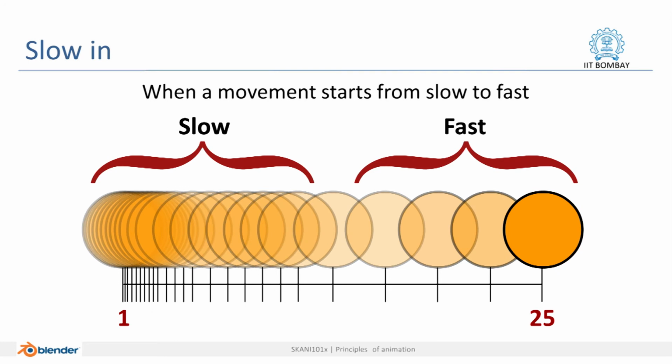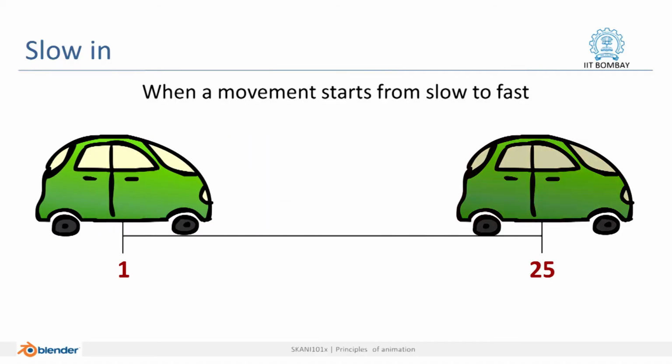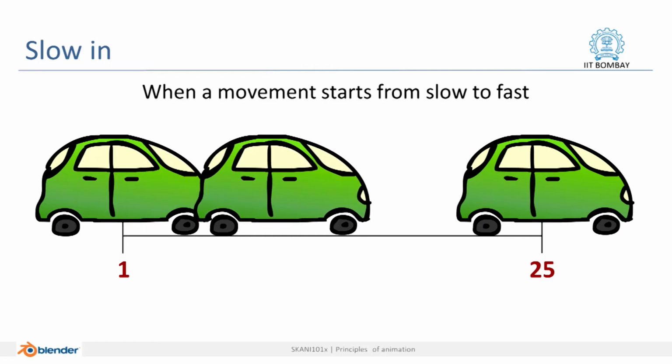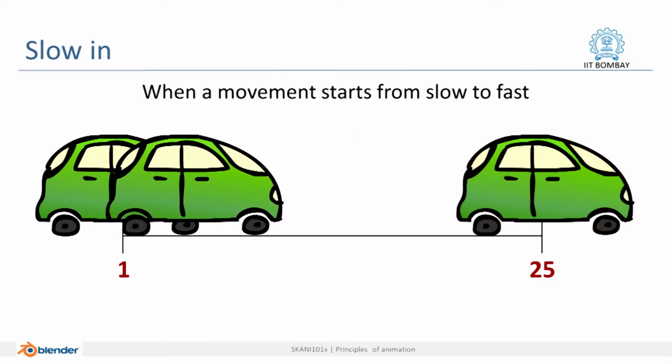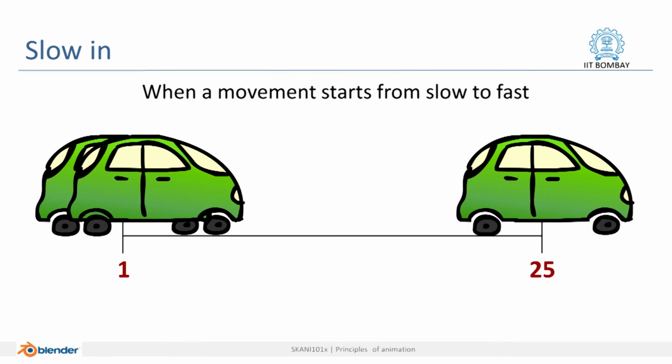So it gives the illusion that the object is moving from slow movement to fast movement, which is called slow in or ease in. This can be used in car movement. We can show that the car is moving from a static position. So there we can use slow in and get that effect.